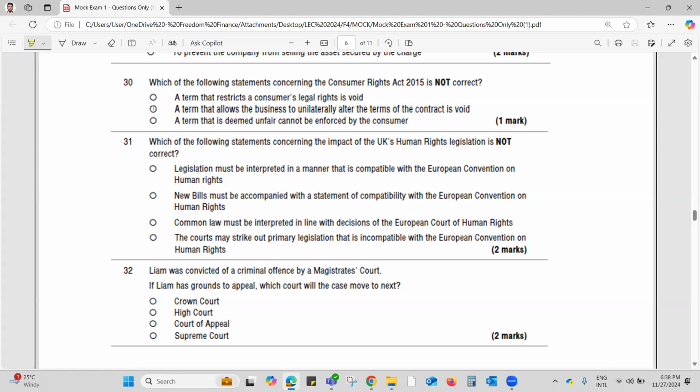And those which allow the business to unilaterally change the terms of the contract are also void, fine. But a term deemed unfair cannot be enforced by the consumer, that is false. If a term is deemed to be unfair, it can be enforced by the consumer. So the word "cannot" is what makes it not correct.